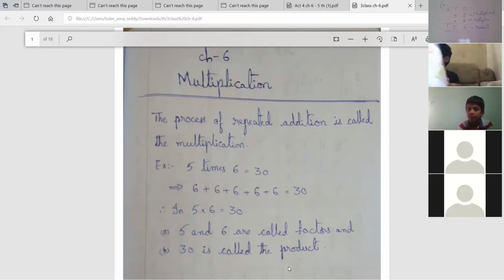Ma'am, yes. After 5 into 6 is equal to 30, for A and B, we have to leave a line? No need. Okay, ma'am.